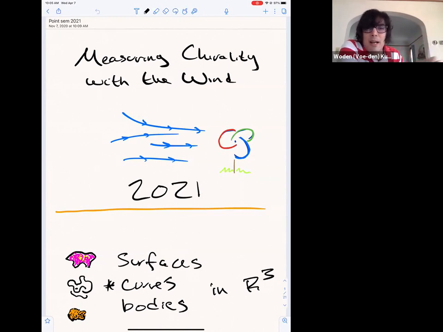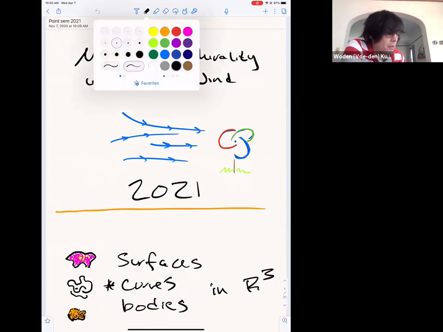You take a random body in space, you look at its shadow's average area. It's a classic integral geometry theorem. I want to take a different perspective. Let's not look at the average area, sort of an average mass, but let's look at an average chirality, an average handedness, or an average torque. And that's where we're going with this.